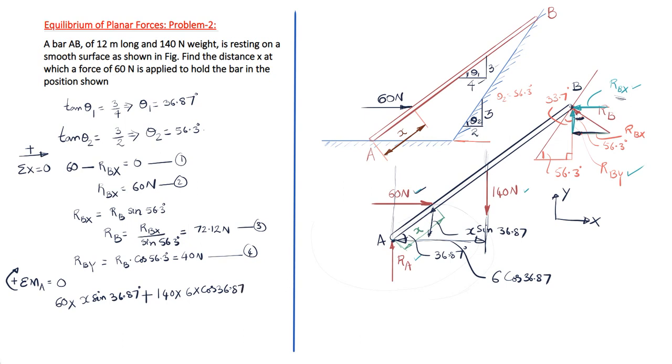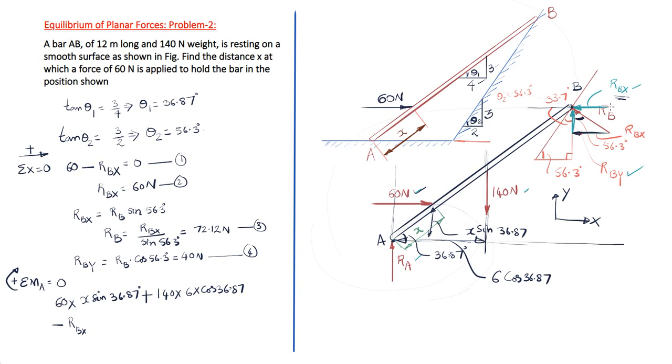And two more forces, RBX and RBY, both will have counterclockwise moments. RBX will have a moment like this, and RBY also will have a moment like that. So both are counterclockwise, so negative. First, RBX multiplied by the distance of its line of action from moment center A. So let us extend this.